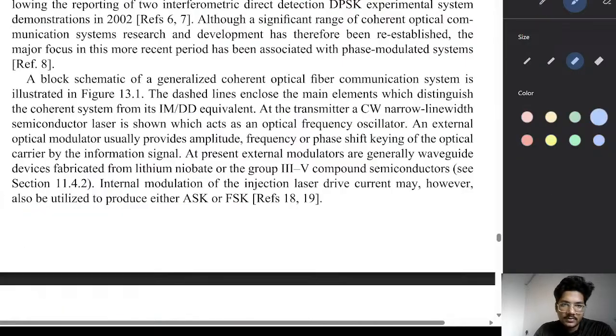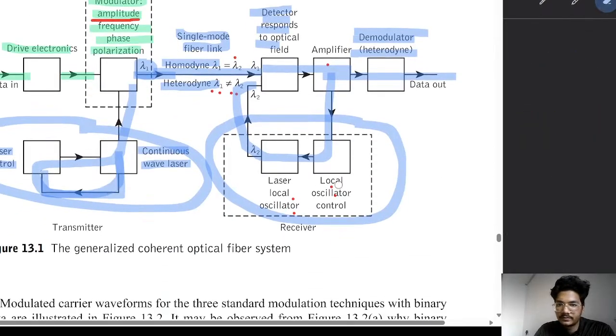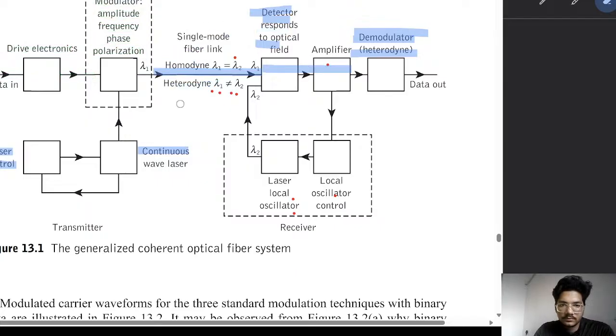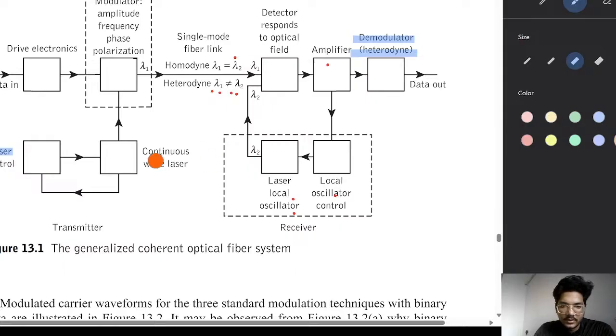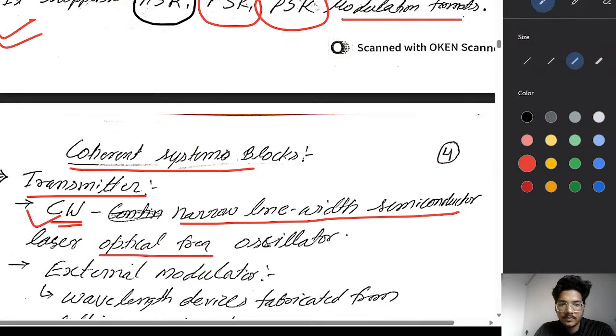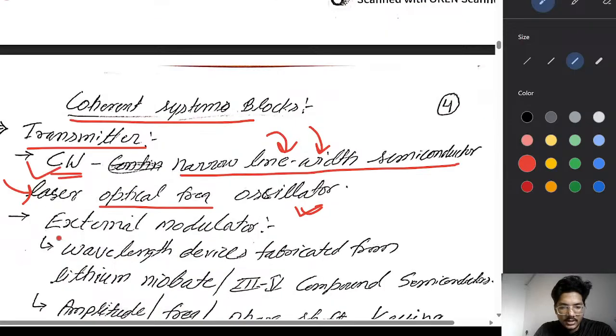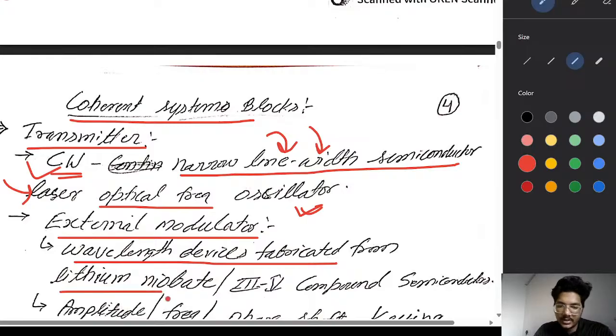Then an external modulator, a waveguide device fabricated from lithium niobate compared to the semiconductor.